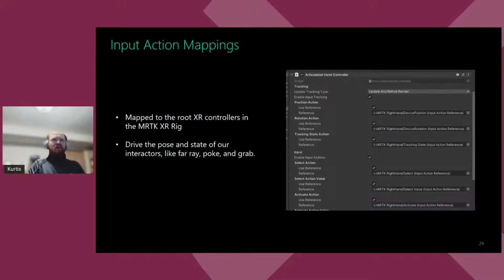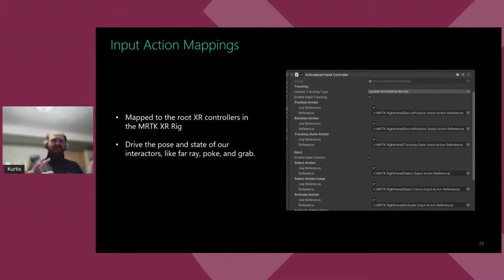And you can see we've mapped interactions like pose, position, rotation, tracking state, select, activate, various input action mappings to the controller, so that regardless of the physical controller that is connected, that's piping into the input system, which then compresses it into the input action mapping, which then sends it to the controller.